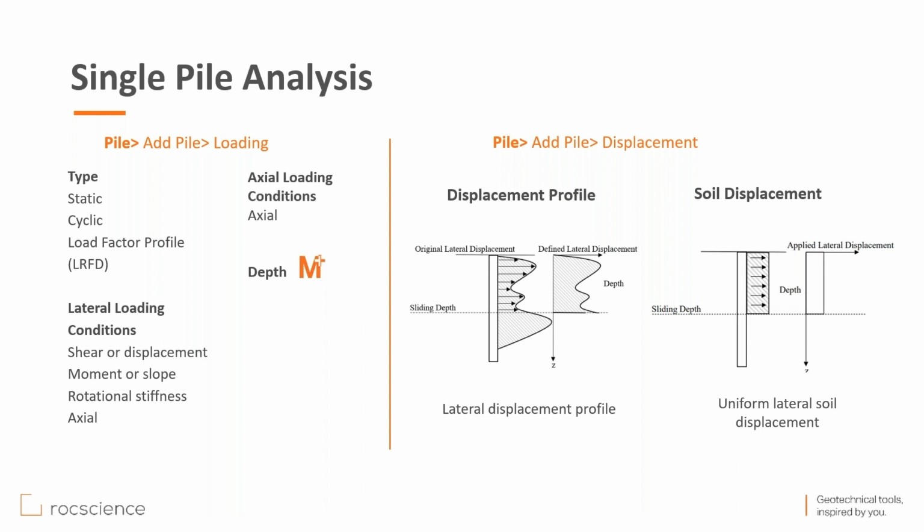For lateral loading conditions, you can load the caps or individual piles using shears or displacement profiles, moments or slopes, which would be beneficial in case you have the actual pile load test results in the field and want to calibrate or simulate your pile test to get a calibrated p-y curve or a t-z curve.